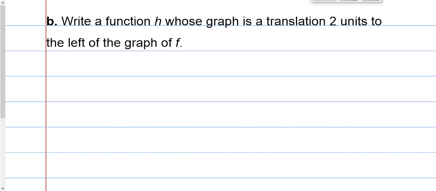This one says, write a function h whose graph is a translation 2 units to the left of f. Well, we're still using our same f of x from before, which is 2x plus 1. Okay, now we're writing an h function.